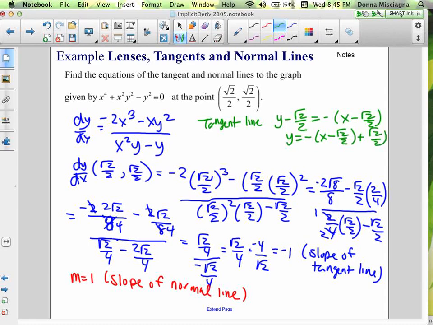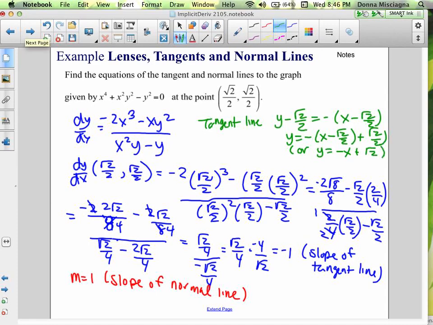That probably simplifies out pretty nicely. If you wanted to write it in slope-intercept form, it would just be y equals negative x plus a square root of 2 over 2 plus another square root of 2 over 2, so plus 2 square roots of 2 over 2. And hey, those would cancel. So it just ended up being plus the square root of 2, if you wanted to put it in slope-intercept form.